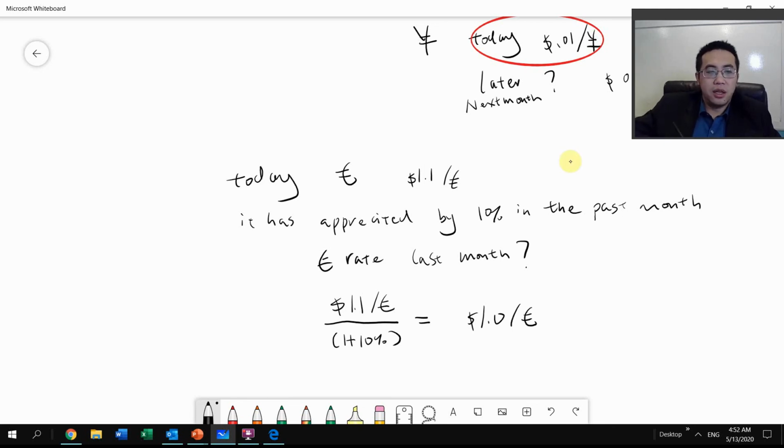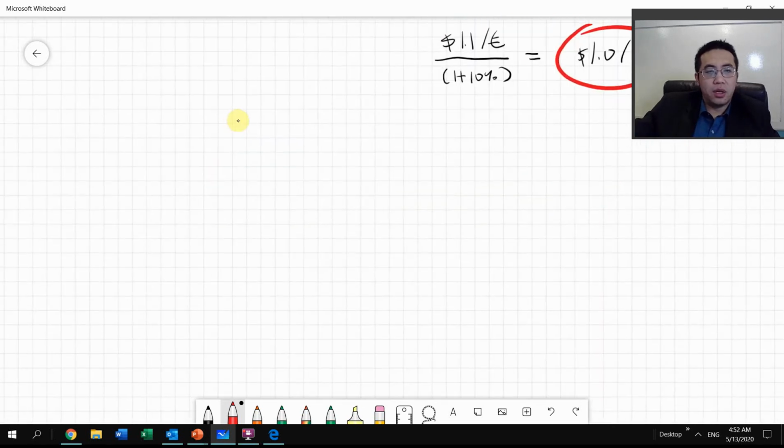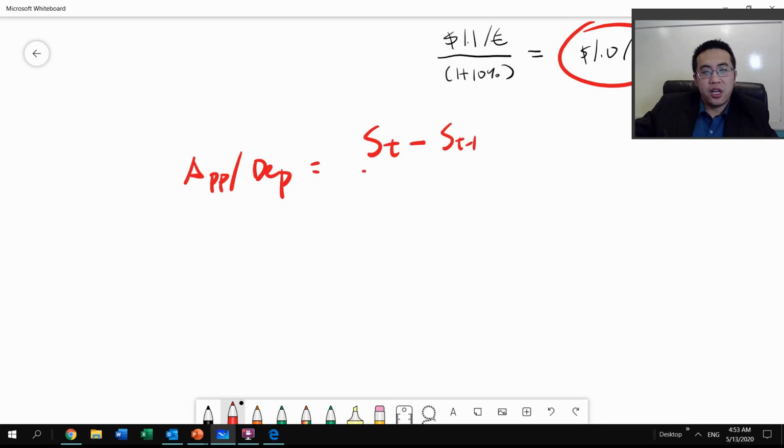In this question, we know the rate in the later stage, and we know the appreciation or depreciation of the currency, and we solve for the rate in the earlier stage. And this comes back to the formula. The amount of appreciation or depreciation equals the rate in the later stage minus the rate in the earlier stage, divided by the rate in the earlier stage.